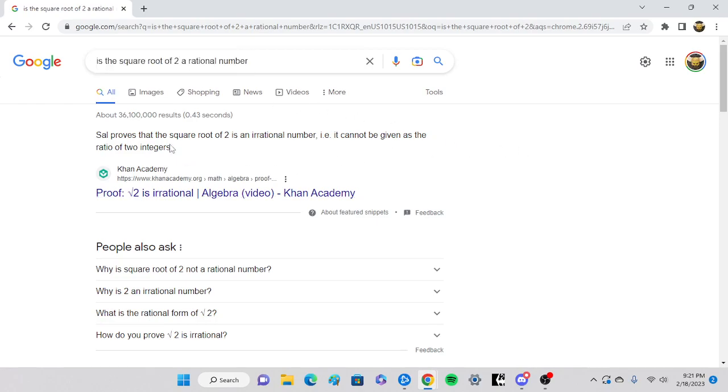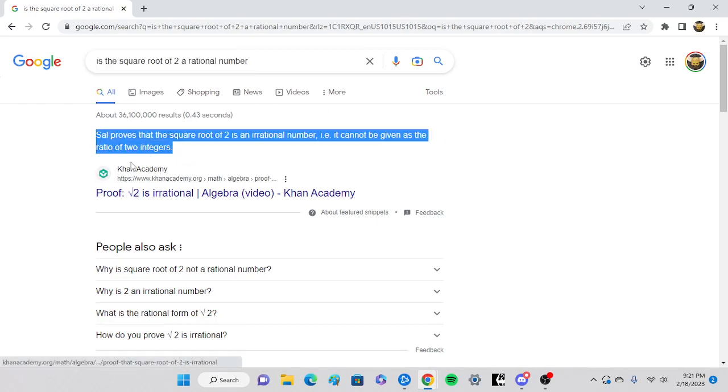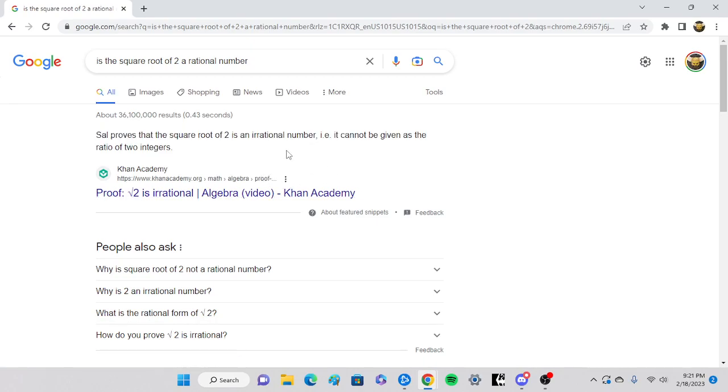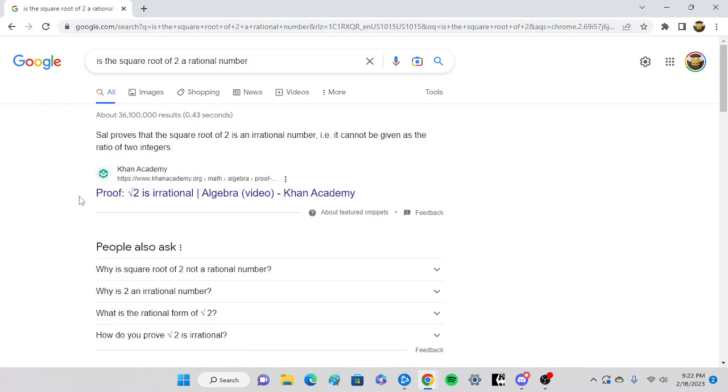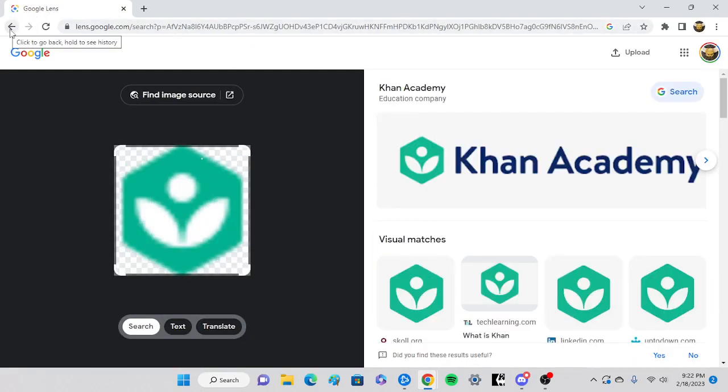And we can see clearly that Sal proves that the square root of 2 is an irrational number, and it cannot be given as the ratio of two integers. So that is a ratio on anyone who believes that it is rational. Because look at that, Khan Academy put out a video about why the square root of 2 is irrational. So what the fuck did I just do?